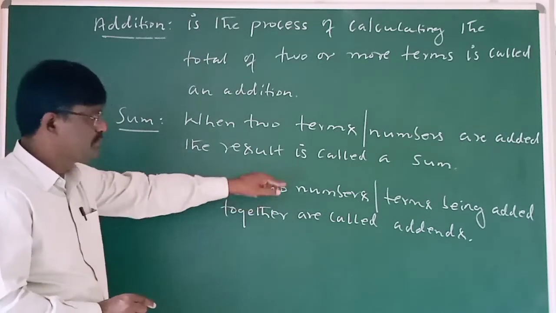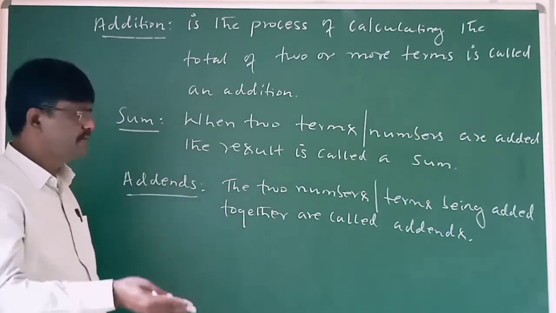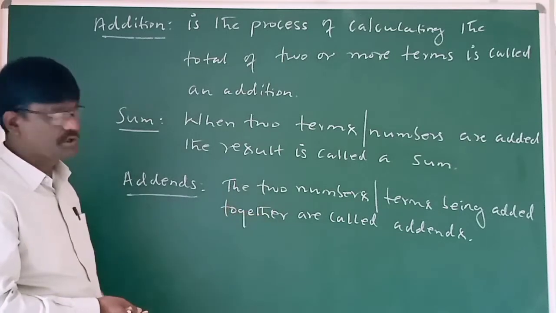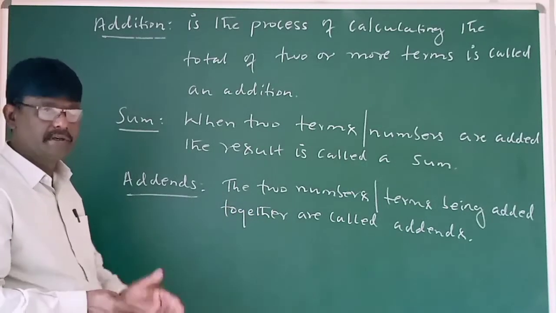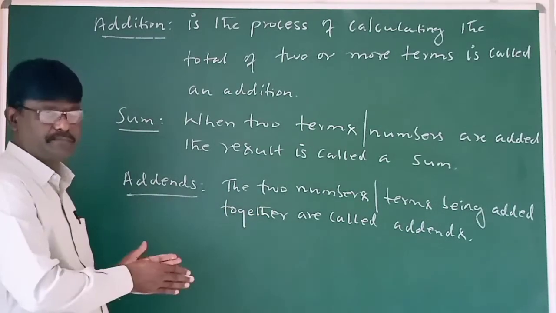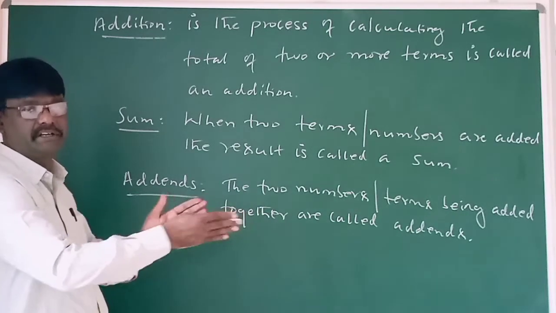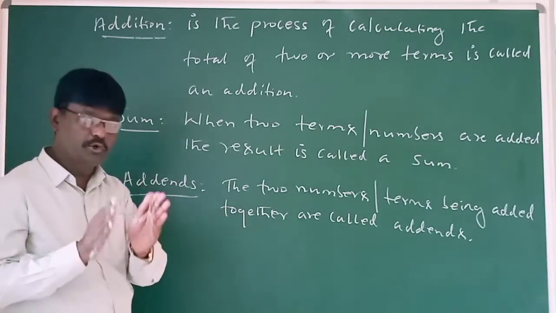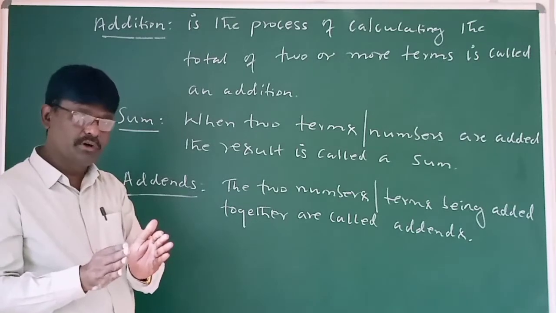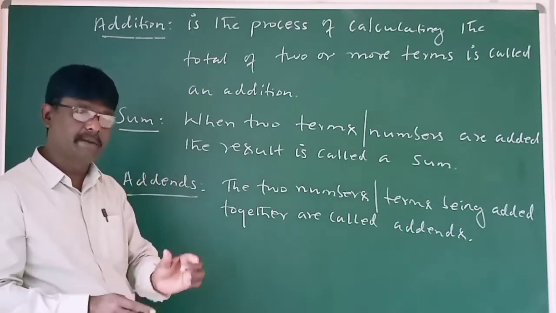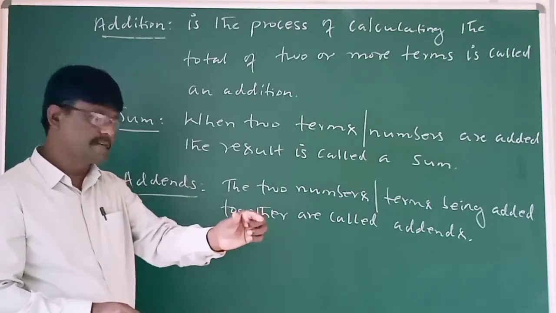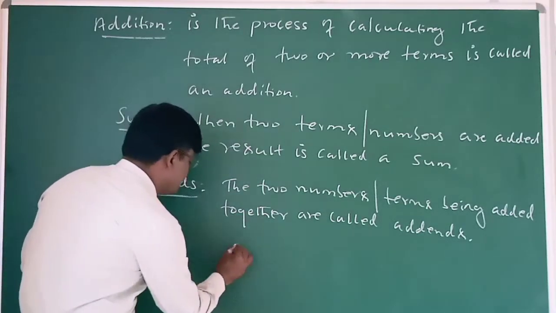Addends: the two numbers or terms being added together are called addends. Hence, the main thing we must know is what these are. Simply don't say this, that, etc. You must know to define and call that by a particular name. What are addends? What is sum?